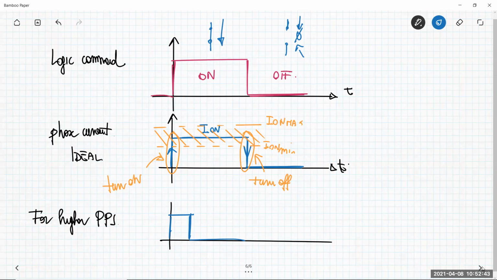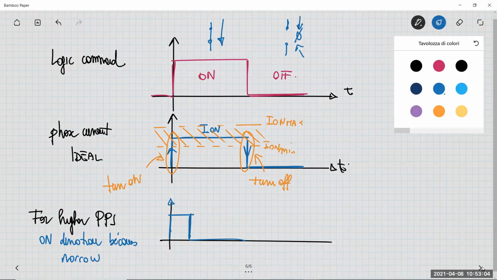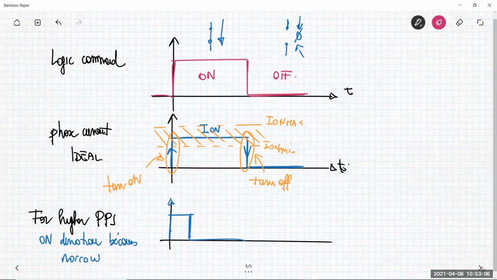So this is the on phase. So the on duration becomes narrow, but since you have these turn on and turn off that are very steep in fashion, nothing changes, nothing happens.